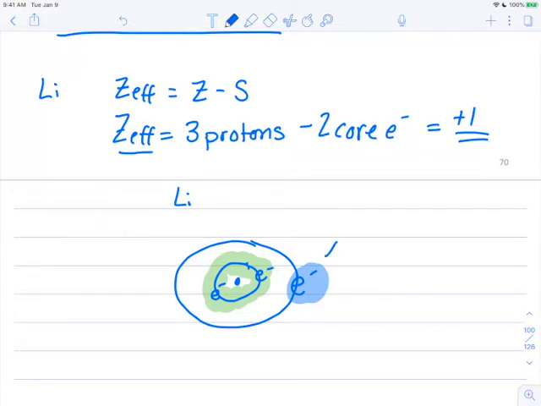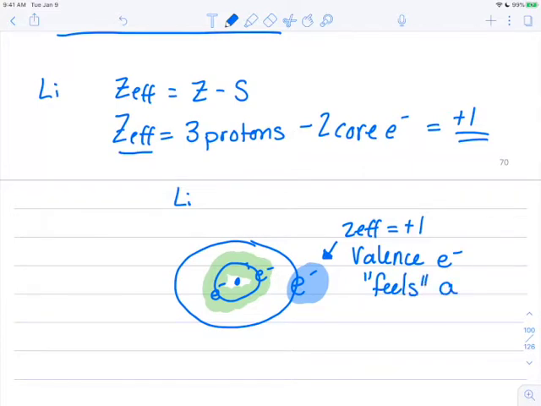So what this electron on the outside feels is a +1. The Z effective equals a +1, which means the valence electron feels a +1 charge. That means it's able to stray a little bit further from home, a little bit further from that nucleus. Any questions on anything here?